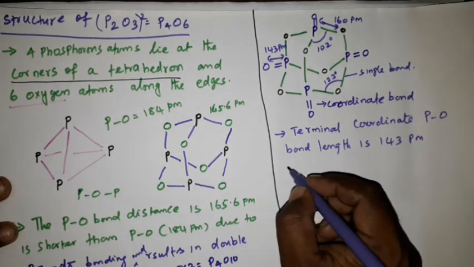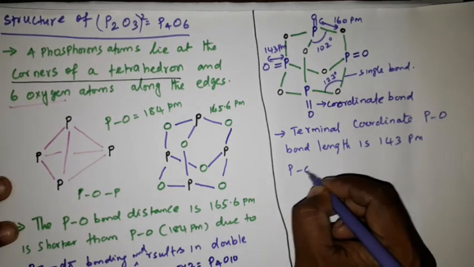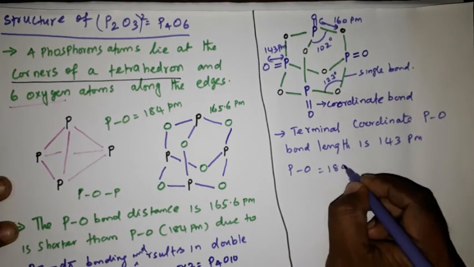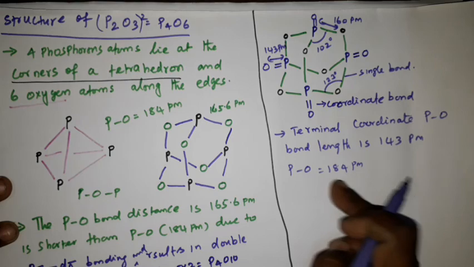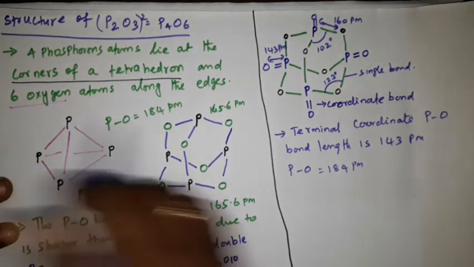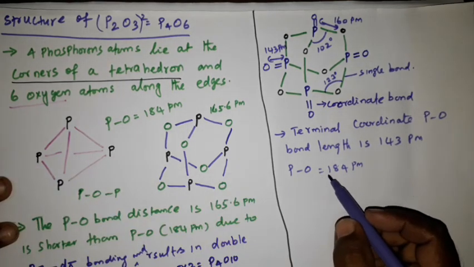The single bond distance we already discussed, PO, it must be 184 picometer, but here it is shorter than the expected bond length.